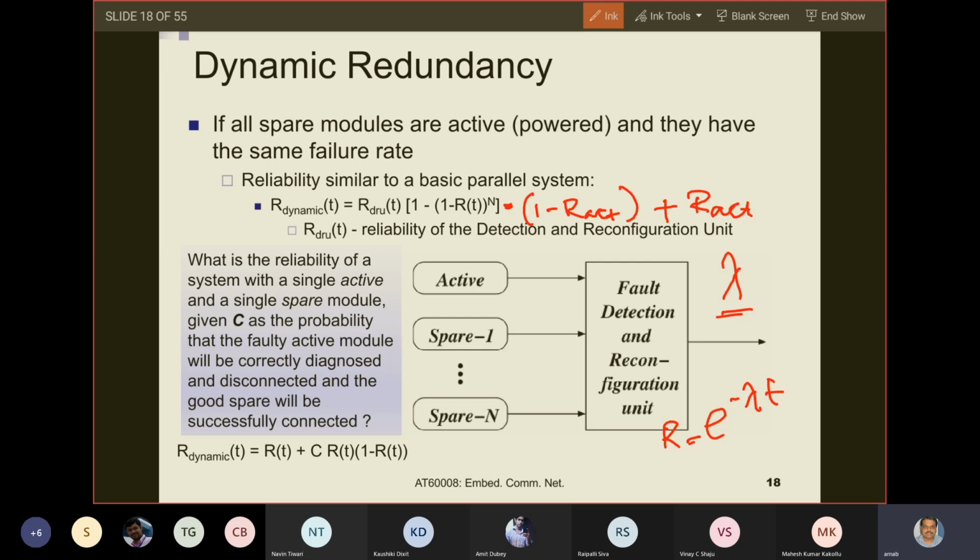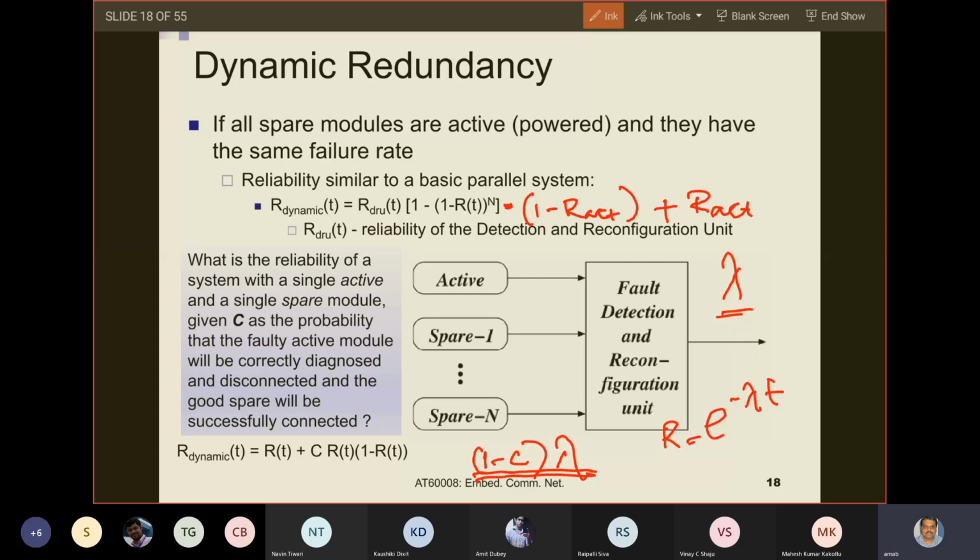Now if C is the probability that a faulty active module will be correctly diagnosed and a good spare will be successfully connected, then 1 minus C is the probability that the fault will not be diagnosed correctly. If the fault is not diagnosed correctly, then 1 minus C into lambda is the rate at which faults will occur in such a system.